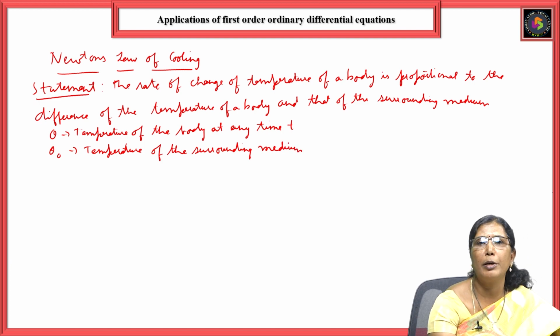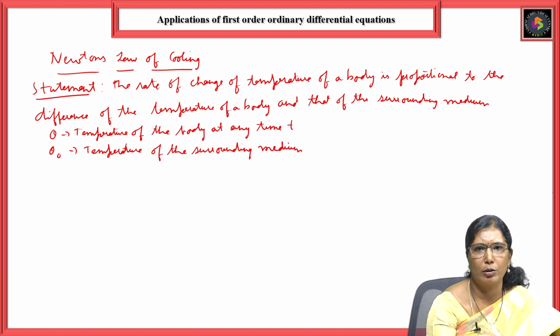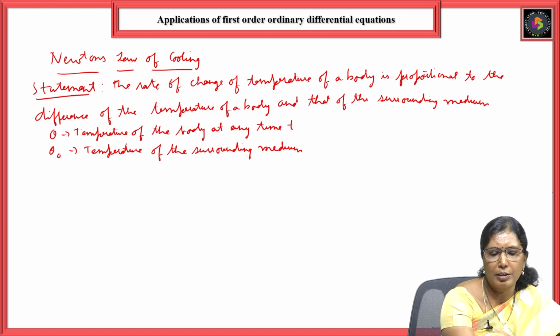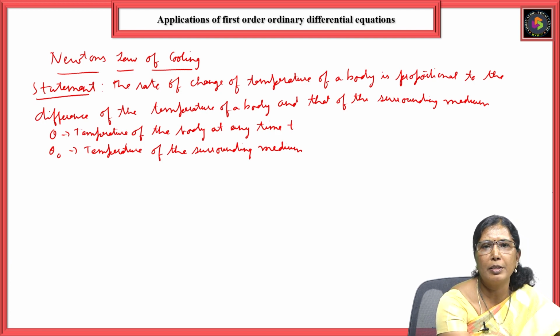The surrounding medium may be air or water. The statement says that the rate of change of temperature of the body is proportional to the difference of the temperature of the body and the surrounding medium.